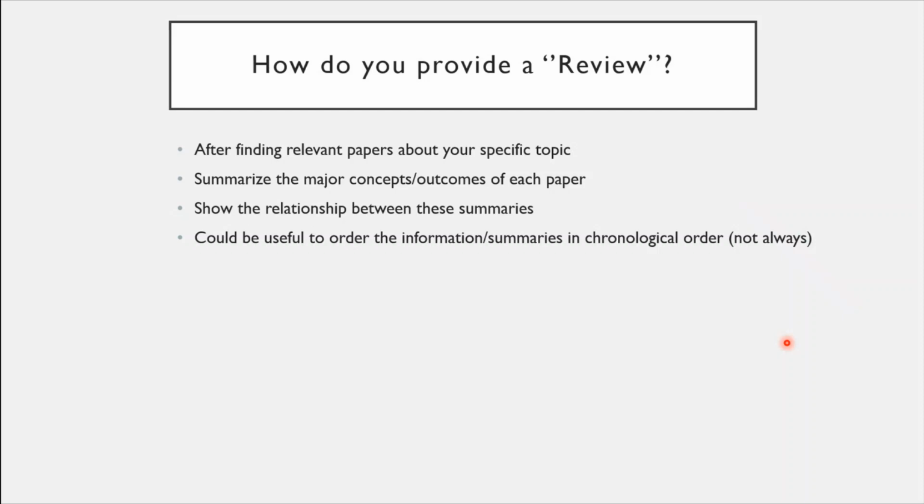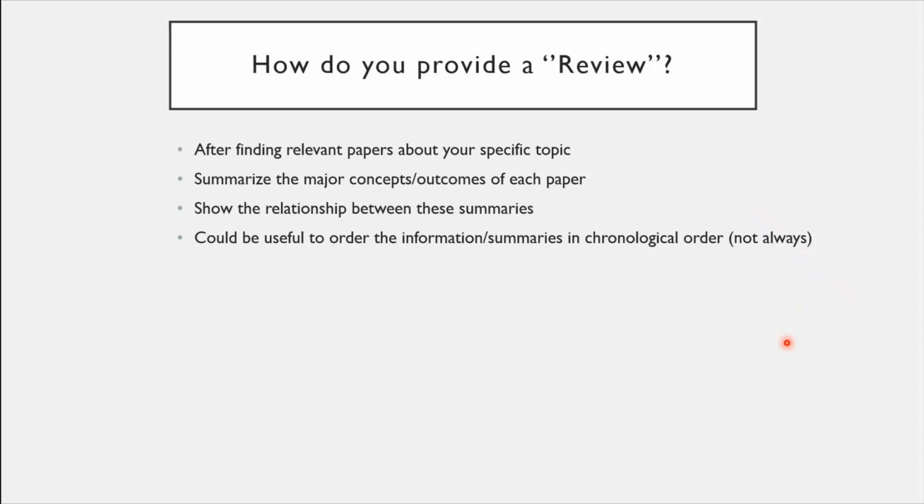Remember, a literature review is not summarizing each paper and listing them one after another. You're summarizing ideas and then connecting these ideas together, and in your own words, you're writing these ideas together. So one sentence can contain ideas from more than one paper, and then your references should include more than one paper.